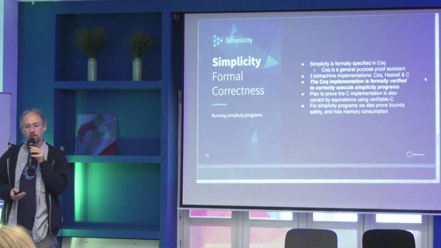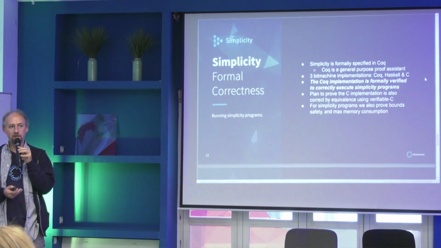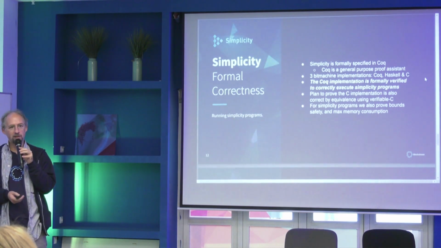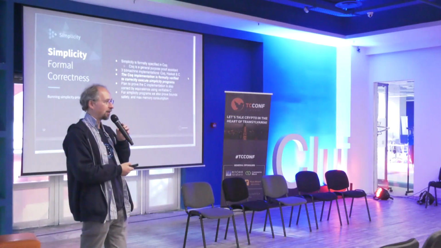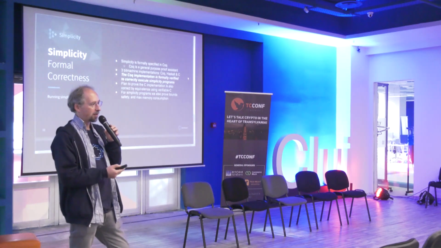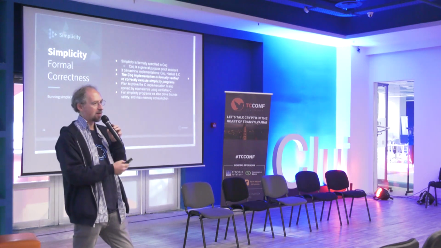Now the mathematically defined interpreter execution environment is a little slow. So he also implemented a C version of the Simplicity interpreter. And then you have the question, well, is the C implementation correct? And is it the same as the Simplicity implementation?